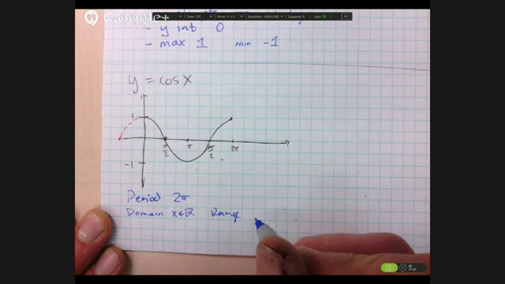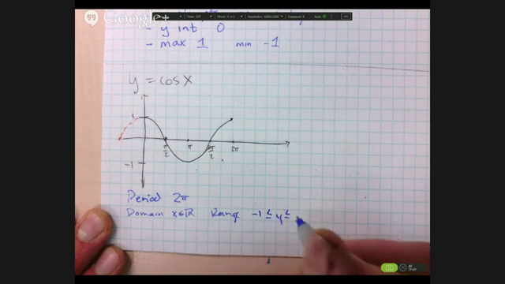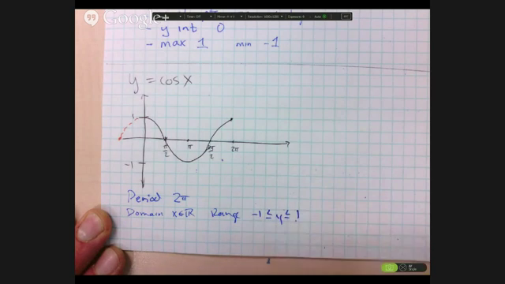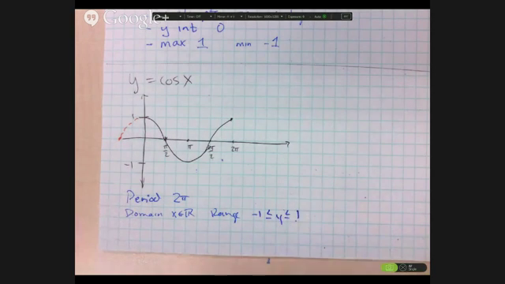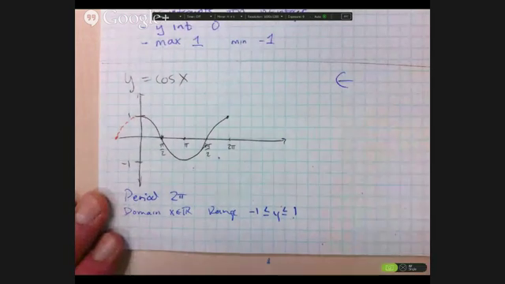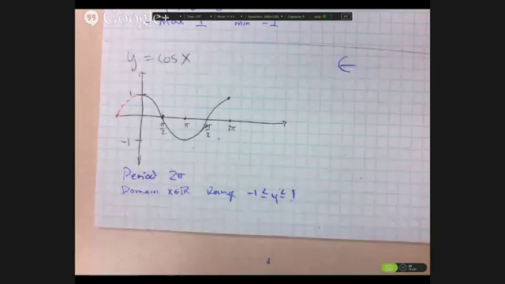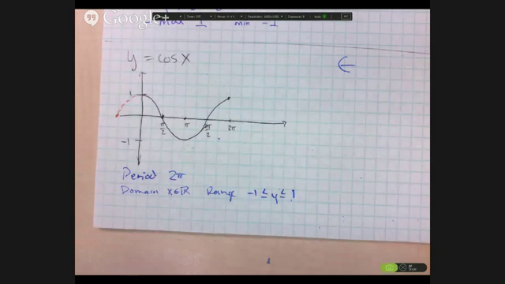What's the lowest? And the highest? That's that fun Greek letter epsilon. Remember that? It's an E. It's a Greek letter for E, epsilon. It means x is an element of the real numbers. It means any x value is a real number.